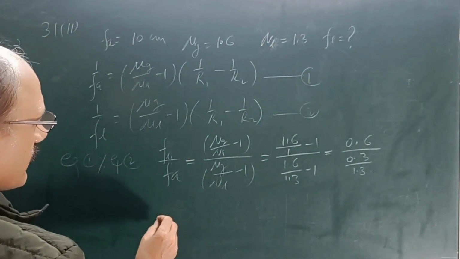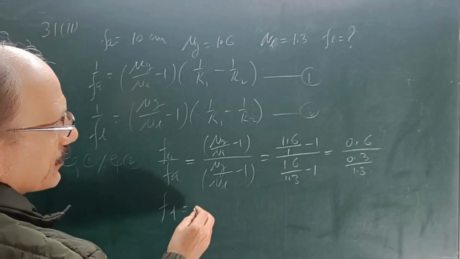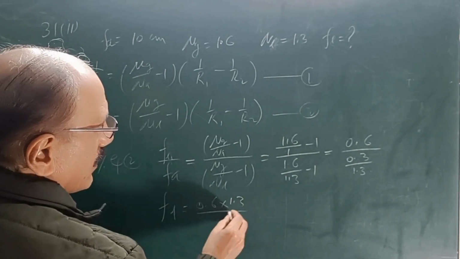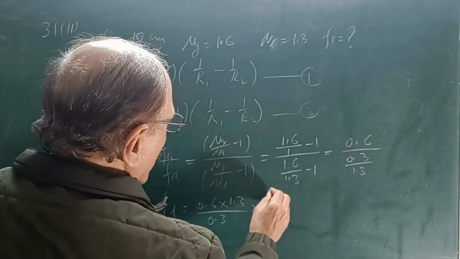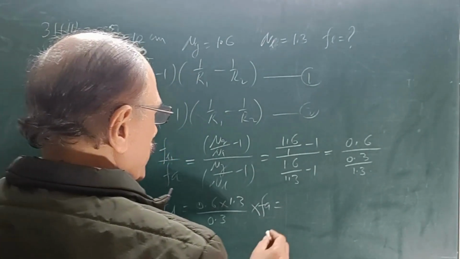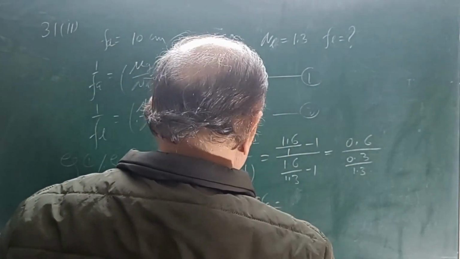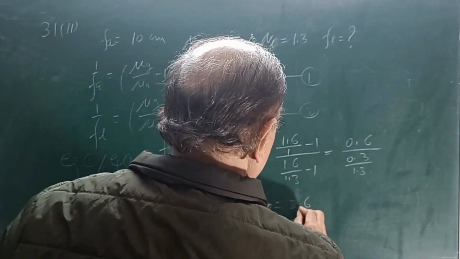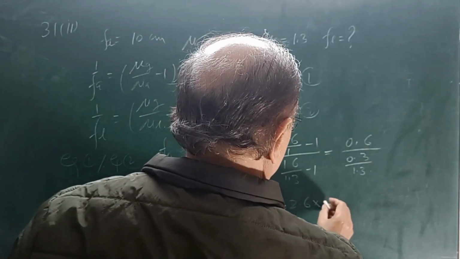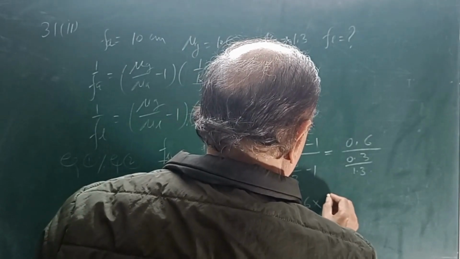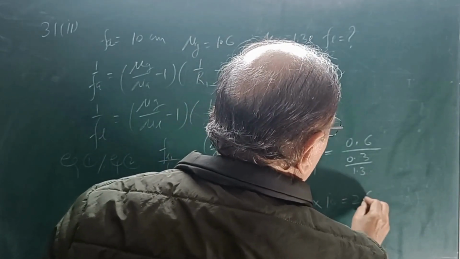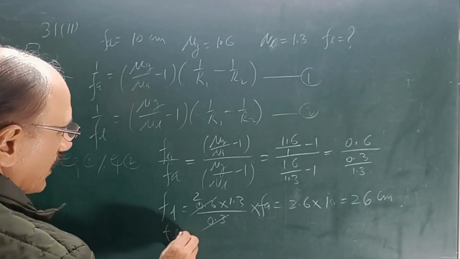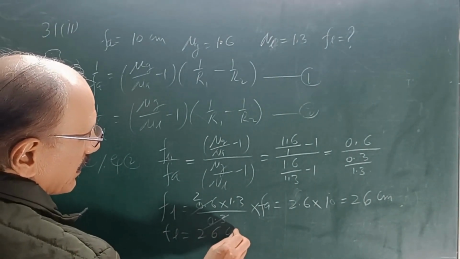So here F liquid is equal to 0.6 into 1.3 divided by 0.3 into F air. F air is 10. So it will be 26 centimeter. So the focal length in liquid will be 26 centimeter.